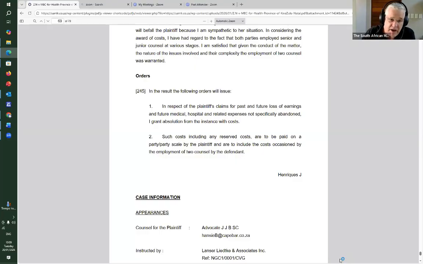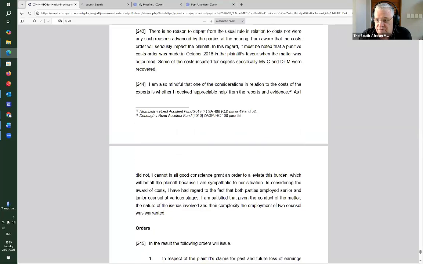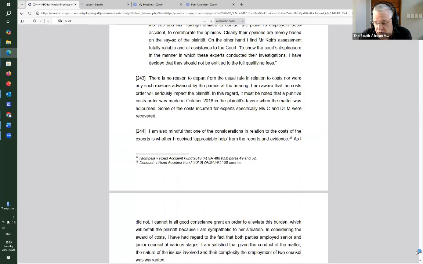It's a heavy blow. And you'll see that it's squarely because the expert evidence was not properly presented in this matter. And that is the implication of not getting it right as an expert, and also to an extent the legal representatives, I think, must shoulder some of the blame in this matter, which is why you'll see I've redacted the names of counsel as well.